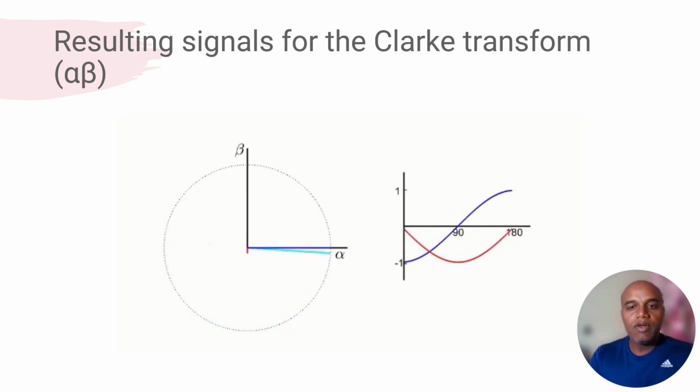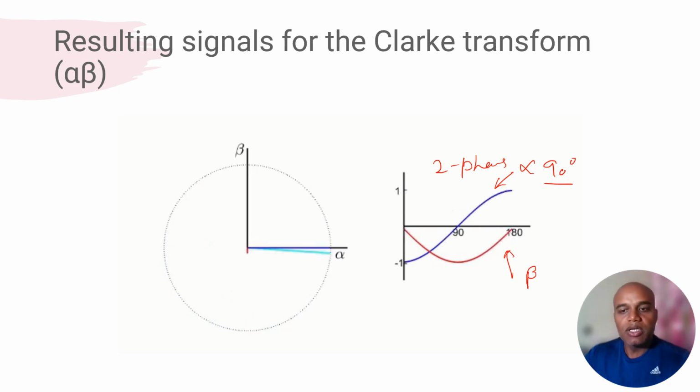Up to here we have seen how it is converted from ABC to alpha beta. To convert this further into DC values, let me show you this phase, which is my alpha, and this is my beta. They are alternating values, but instead of three phases there are only two phases now, and both phases are 90 degrees apart from each other.